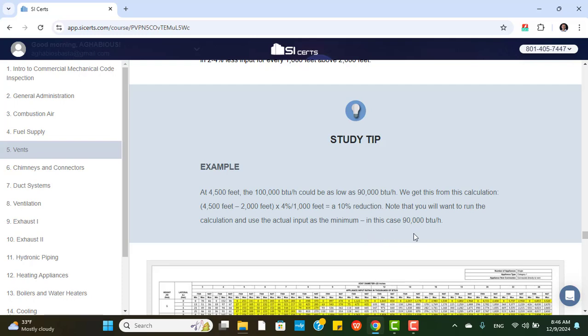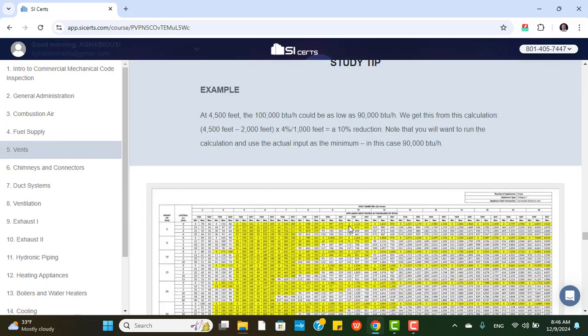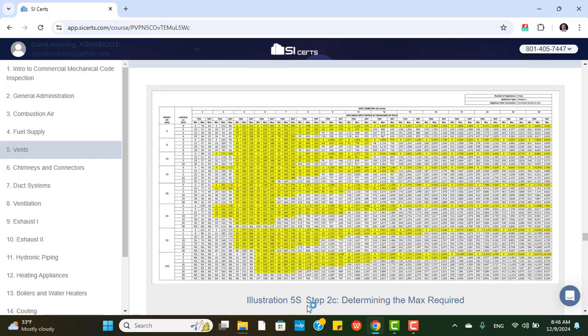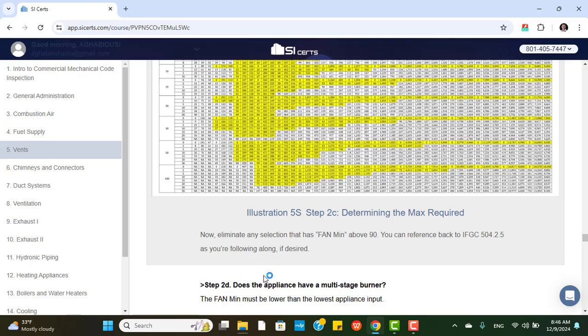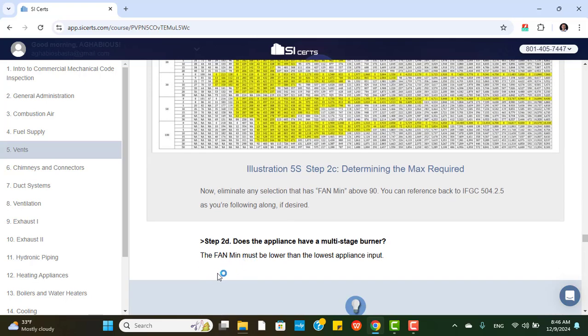In this case, it's 90,000 BTU per hour. Illustration 5S, step 2C, determining the maximum requirement. Now eliminate any selection that has a fan minimum above 90. You can reference back to the International Fuel Gas Code 504.2.5 as you are following along if desired.